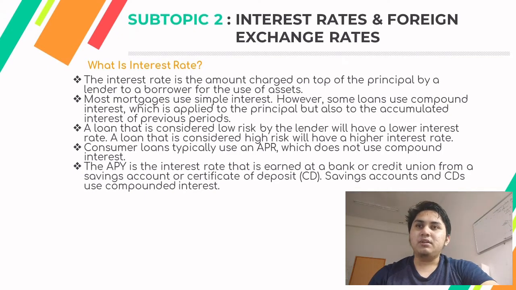Consumer loans typically use an APR, which is annual percentage rate, which does not use compound interest. The APY, which is annual percentage yield, is the interest rate that is earned at a bank or credit union from savings account or certificate of deposit. Savings account and certificate of deposit use compounding.